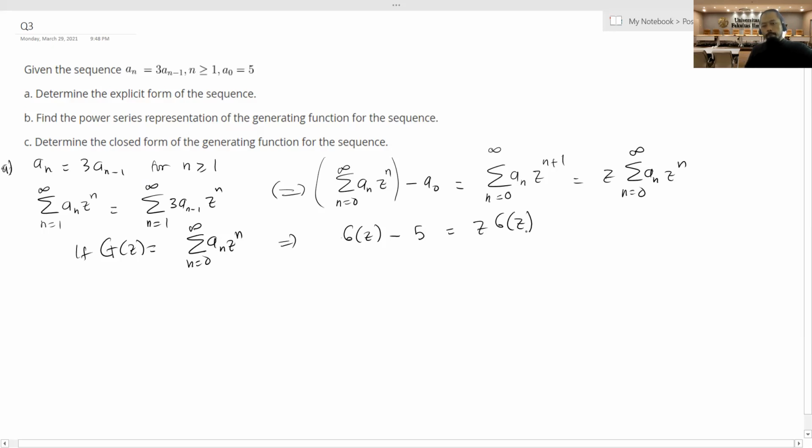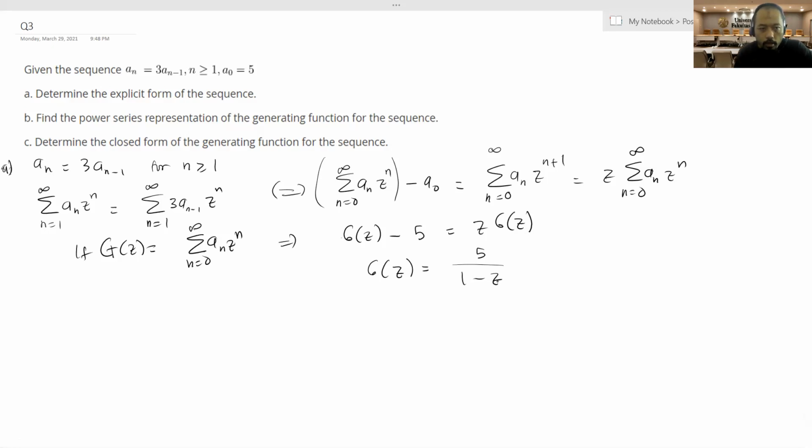All right. So that means g(z) is equal to 5 over 1 minus z. Okay, I hope I don't make mistakes.